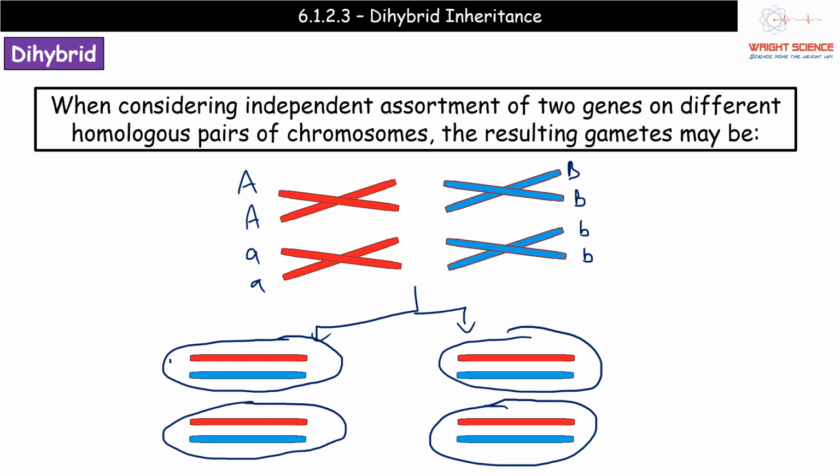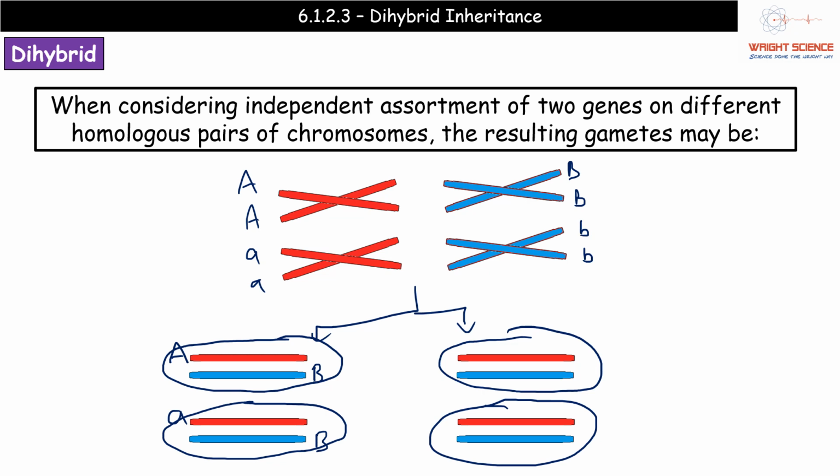Our first one here is going to have one of those capital A's, and one of the capital B's, because it has taken one from the first chromosome and one from the first chromosome on the right. The next one is going to be one of our lowercase a's, which might have combined with one of the capital B's.